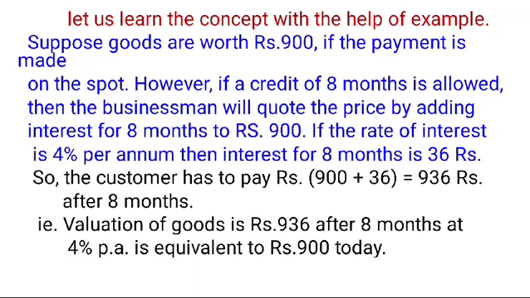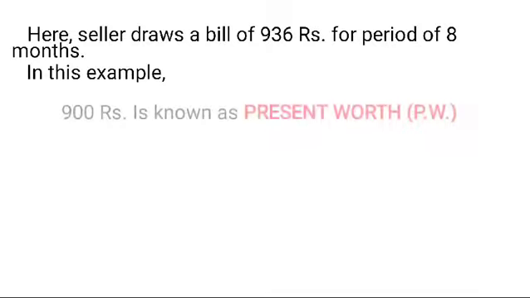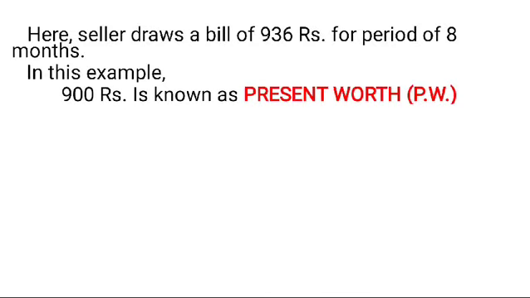Okay, so if we make one agreement for this business, then that agreement is called a bill, discounting a bill. That means the seller draws a bill of 936 rupees for the period of 8 months. So in this example, the current value of that good, 900 rupees, is known as present worth, and in the formula it is denoted by PW.